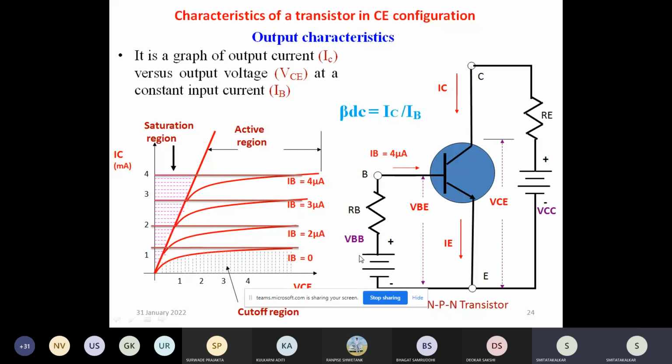Which supply? VBB, the biasing of the base terminal voltage. The supply is connected through a resistor. Which resistor? The base resistor, because one terminal is connected to the base and the other terminal is connected to the supply. The resistor limits the current, avoiding damage to the transistor circuitry.